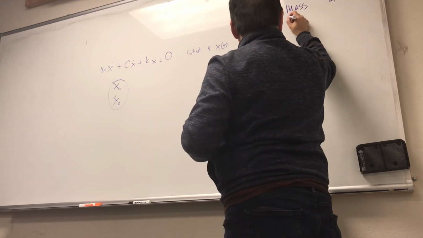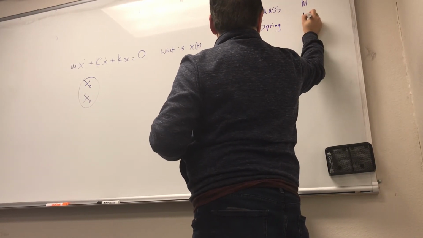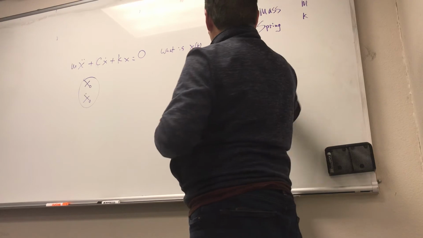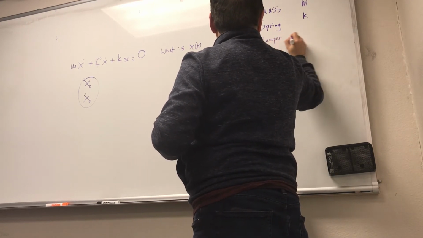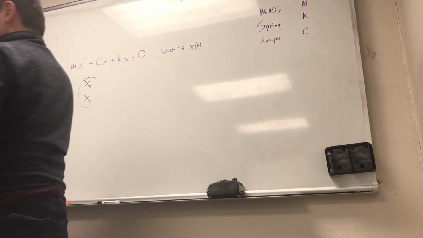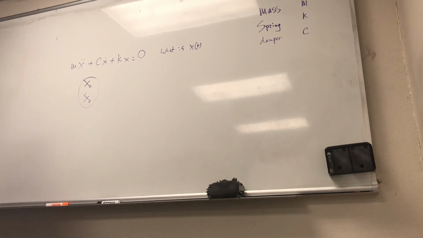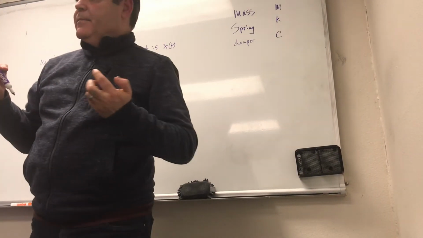You have to have a spring that has a spring constant K, and you can have what we call a damper that has a damping constant C. That's why in most of the equations in the book, you probably see M, K's, and C's, right? You probably have noticed that. M, K, and C. And you go like, what in the world, what does a mass do in a vibrating system?